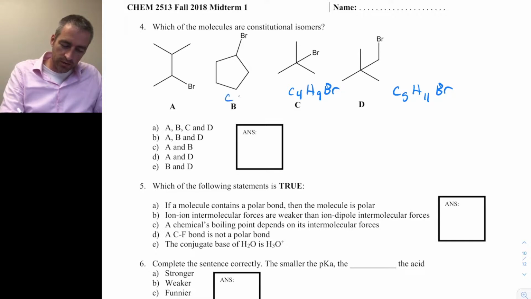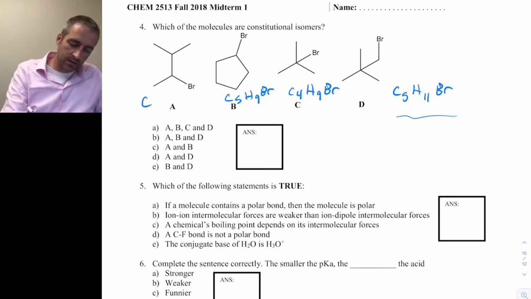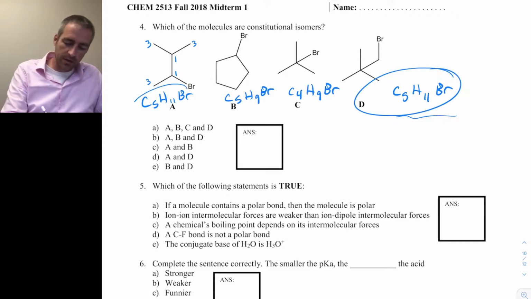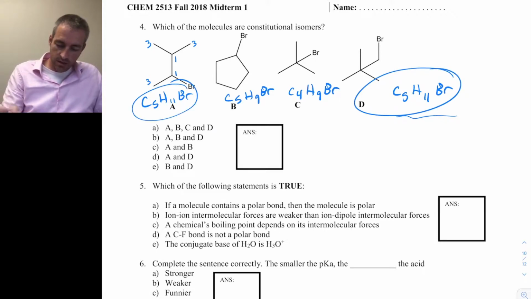This one is C5, H 2, 4, 6, 8, 9, Br. Close to that one, but not quite. A, we have C5, H, 3, 3 is 6, 1 is 7, 8, 9, 10, 11. So it looks like A and D have the same molecular formula, so those are isomers, and that is D.